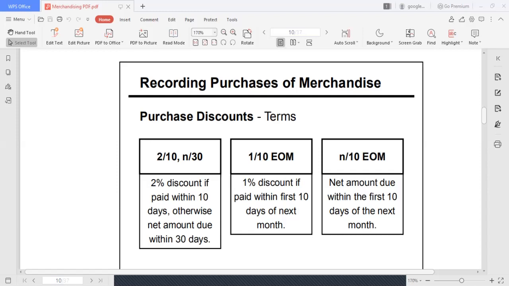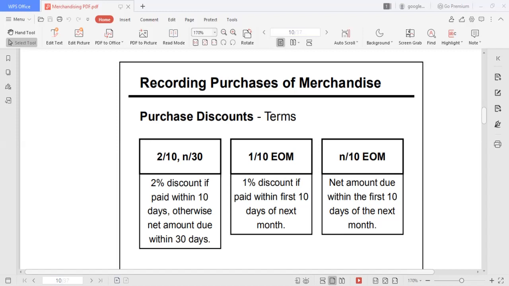Ano naman ang ibig sabihin ng 1/10 EOM? So under 1/10 EOM, you will be receiving 1% discount if you pay within first 10 days of next month. So pag sinabi ng EOM, end of month. So halimbawa, nagbenta or bumili ka ng product mo, let us say, January 22 of 2020.